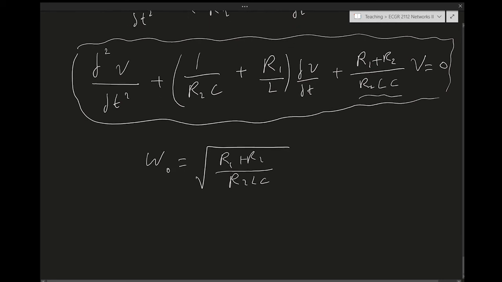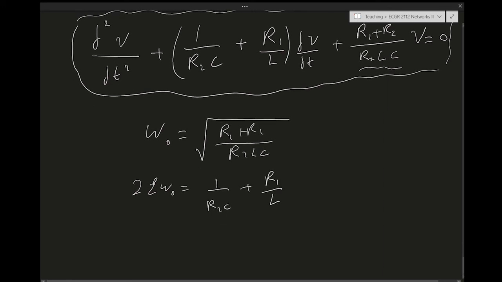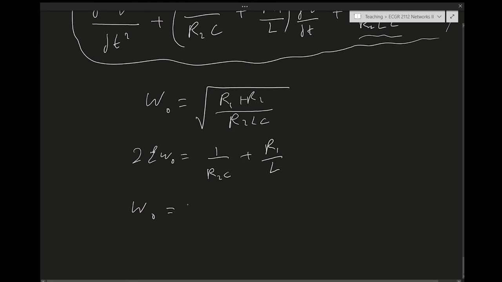Right? And what about zeta? Zeta is going to be, well, 2 zeta omega naught is equal to 1 over R2C plus R1 over L from the differential equation. So zeta equals half this term times the inverse of omega naught.